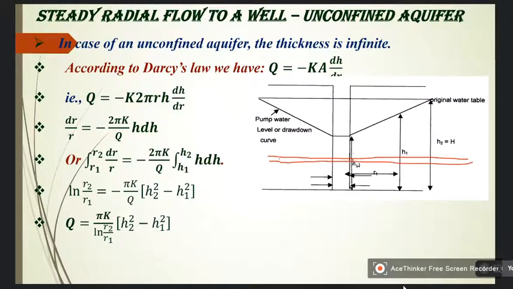In the case of a confined aquifer, what is the area of flow? Area of flow is written as 2 pi r.